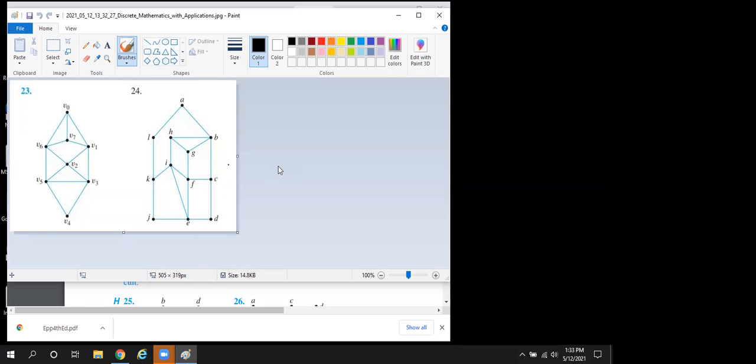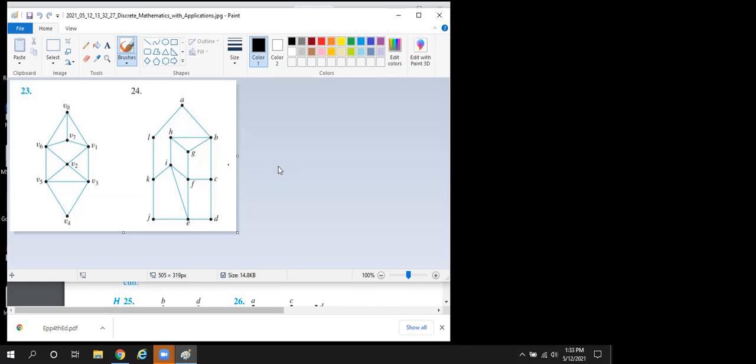Let me summarize. A Hamiltonian circuit touches every vertex exactly once and every edge at most once. You don't have to touch every edge, or you could leave some out, okay? But you do have to touch every vertex exactly one time. Yeah? And you have to, of course, start and stop at the same place for it to be a circuit. That's why it's a Hamiltonian circuit, not a Hamiltonian trail or something, right?